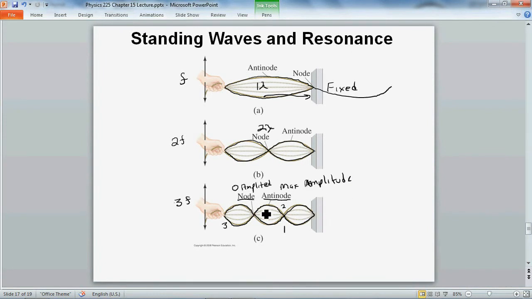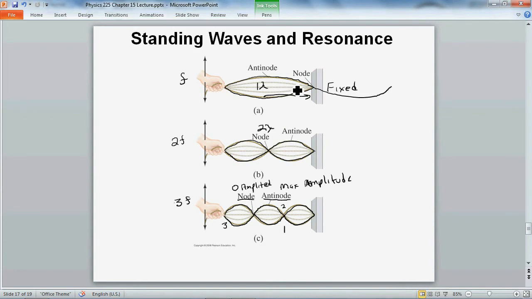So in this case, with 3 times the frequency, I have 2 nodes and 3 antinodes. In the case of 2 times the frequency, I have 1 node and 2 antinodes.